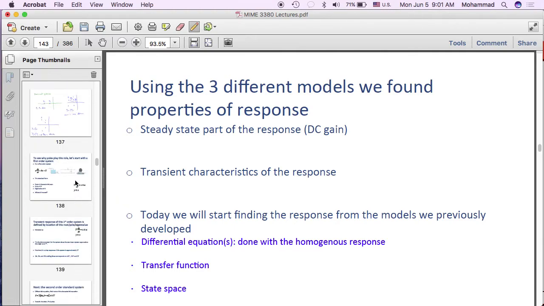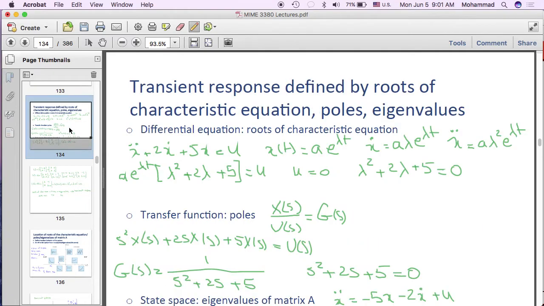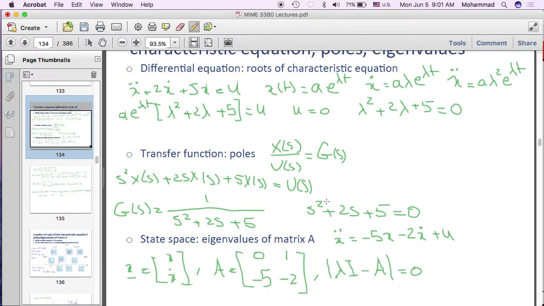Let me remind you one more time. Maybe I didn't emphasize it enough. See, when we started solving this differential equation, we assumed this exponential response, right? And we said the roots of the characteristic equation are going to be the exponents here. And we said further that the roots of the characteristic equation are the same as poles of the system.